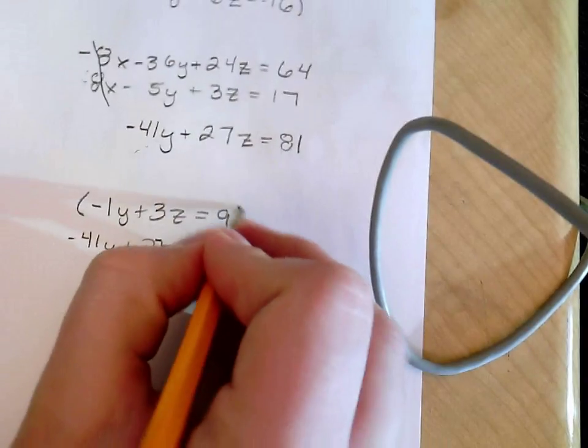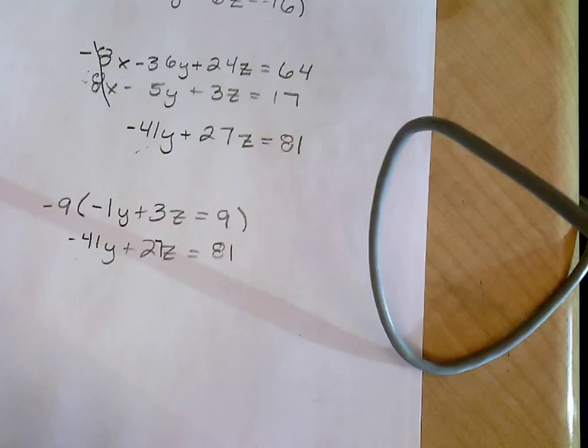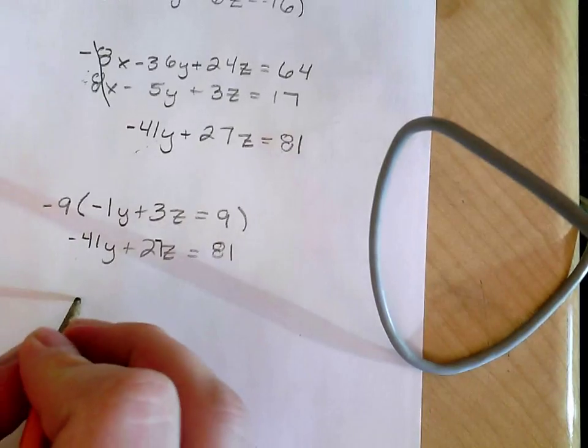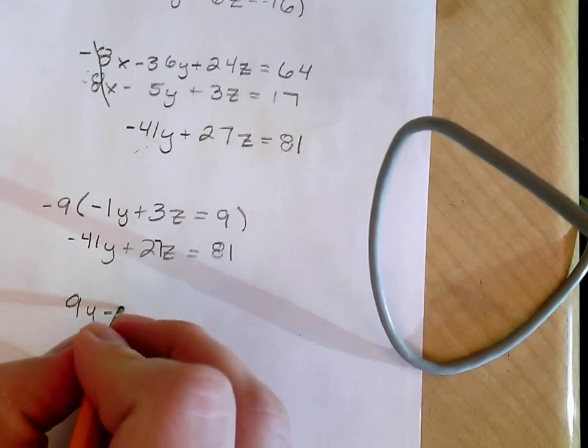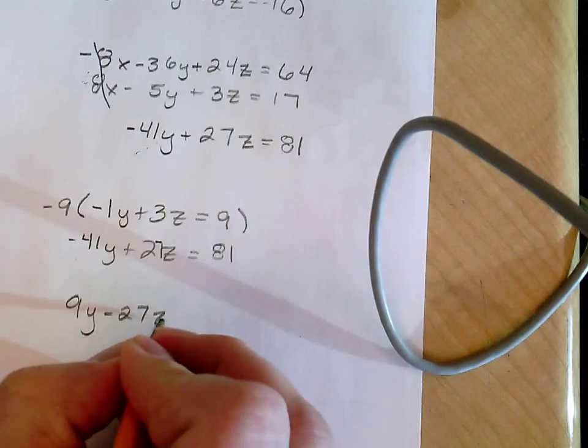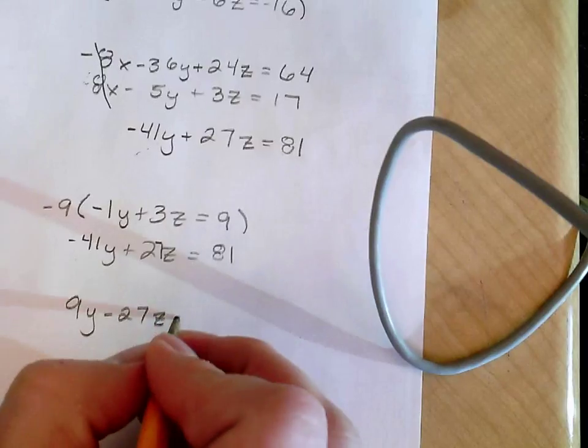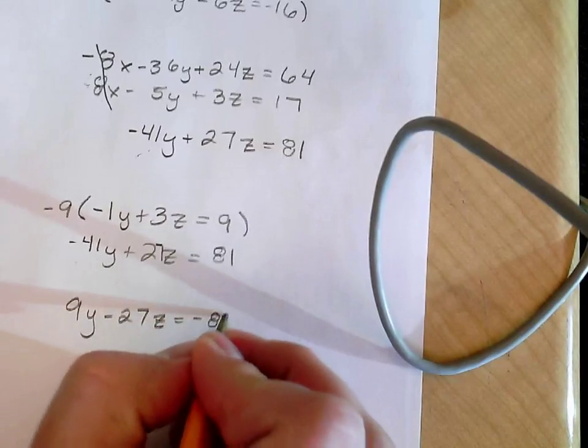So to do that, I need to multiply by negative 9. So, let's distribute. Negative 9 times negative 1 gives me 9y. Negative 9 times positive 3 gives me negative 27z. Then negative 9 times 9 gives me negative 81.